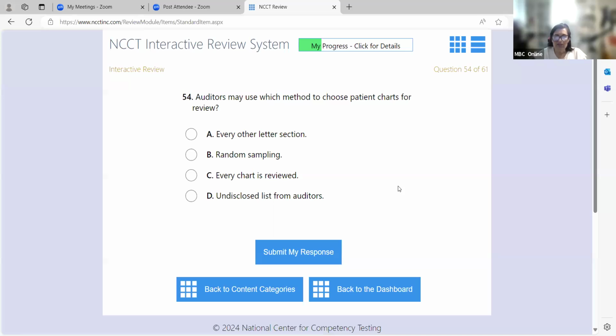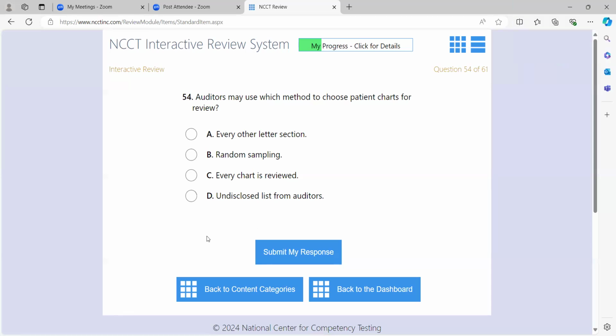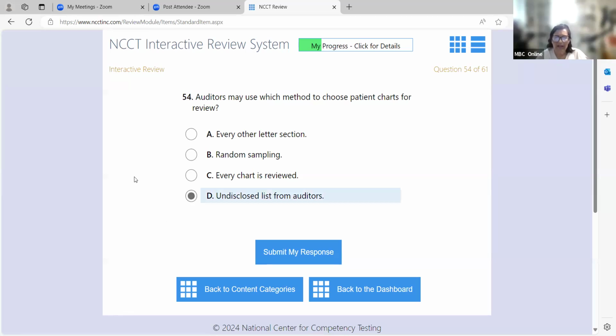Auditors may use which method to choose patient charts for review? Every other letter section, random sampling, every chart is reviewed, an undisclosed list from auditors. Did you say D as in dog? Yeah. Okay, any other guesses?